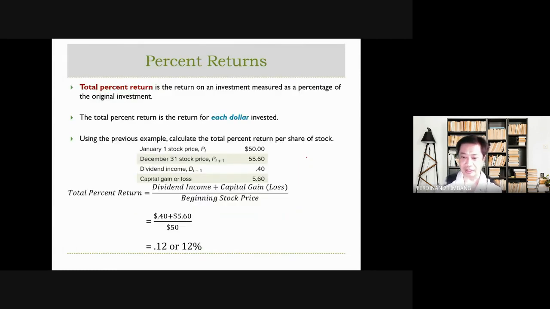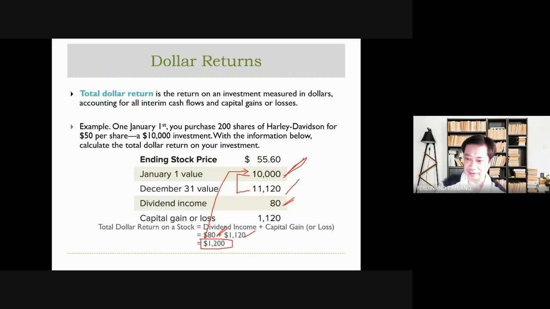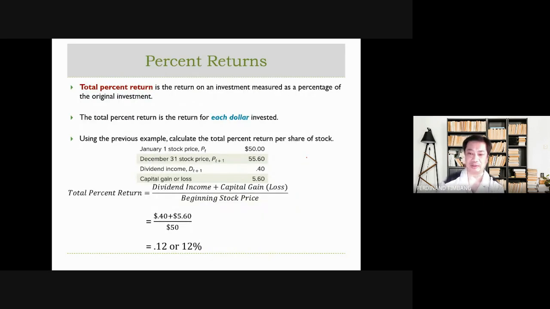So nandito na siya. Wala pala rito, pero yun yun plus. So anyway, there is a different example here. So we have the total percent return. So percent return ang kinukuha natin. Again, there was an investment of $50, then it went up to 55.60.